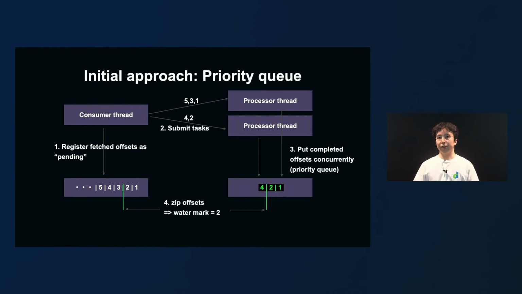First, the consumer thread registers fetched offsets as a pending offset queue, then submits tasks to processor threads. The processor thread puts completed offsets to the priority queue and checks pending offsets and completed offsets from the beginning, and when they match, the watermark proceeds.